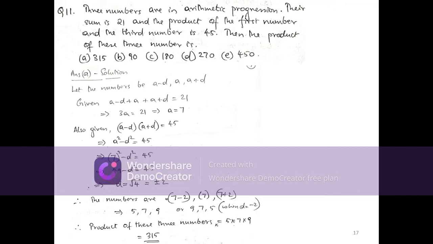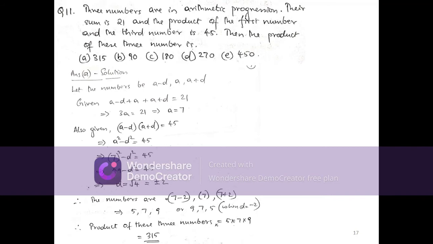Their sum is 21, and the product of the first number and the third number is 45. Then the product of these 3 numbers is: option A 315, option B 90, option C 180, option D 270, option E 450. The answer is option A, that is 315.